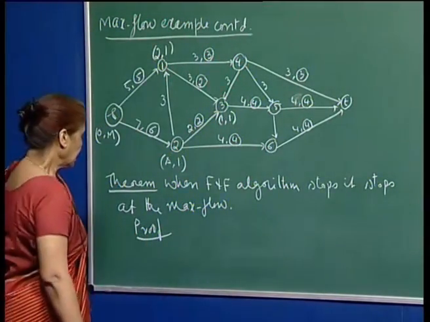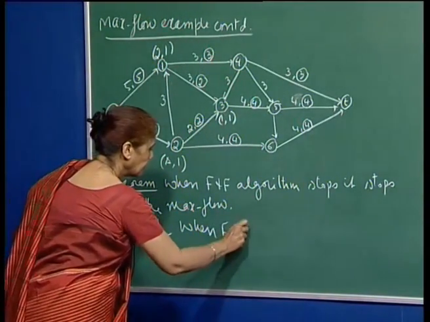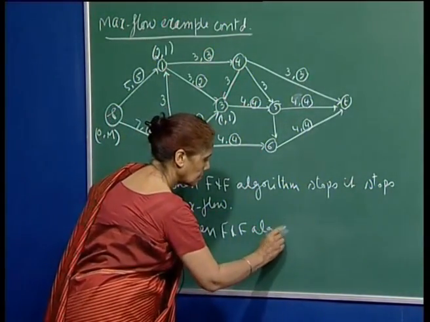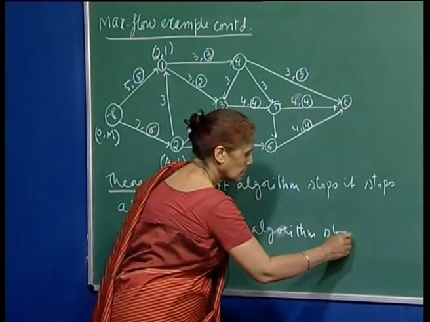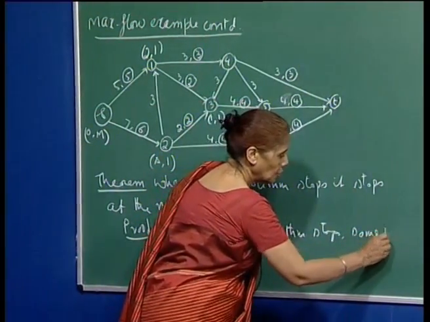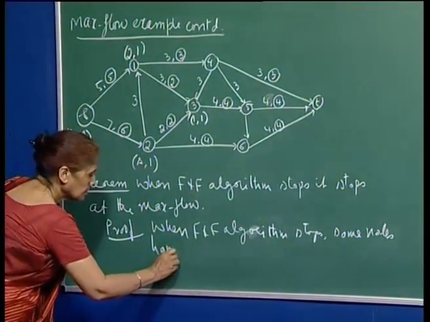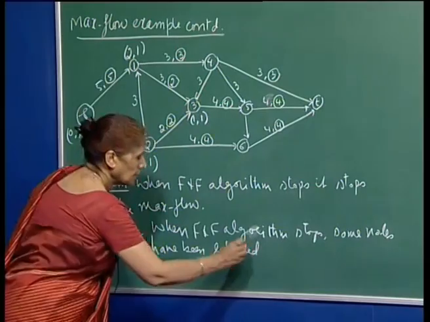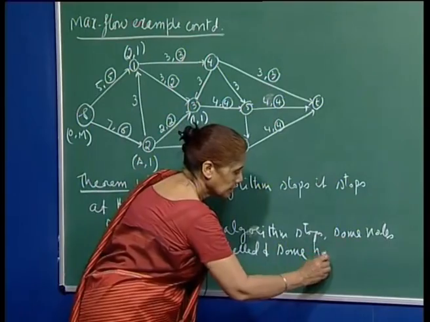Simple proof. When the Ford and Fulkerson algorithm stops, some nodes have been labeled, and some have not been labeled.